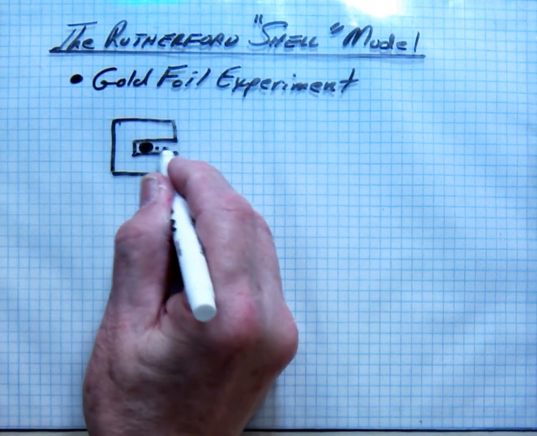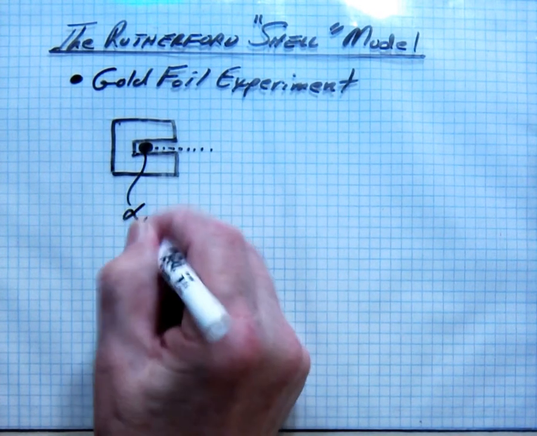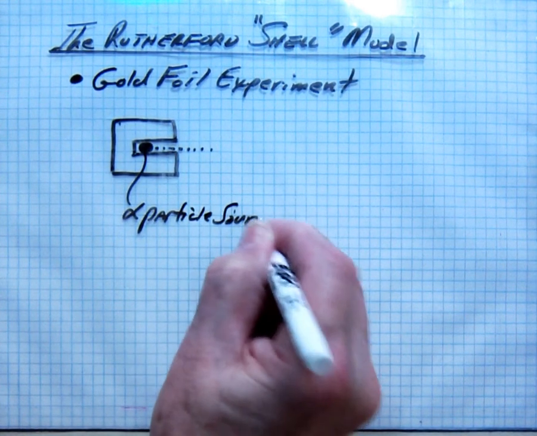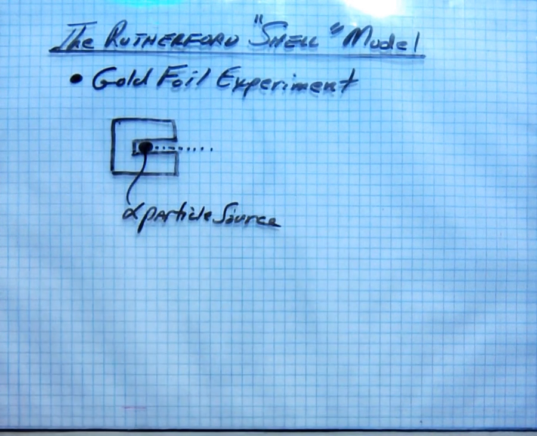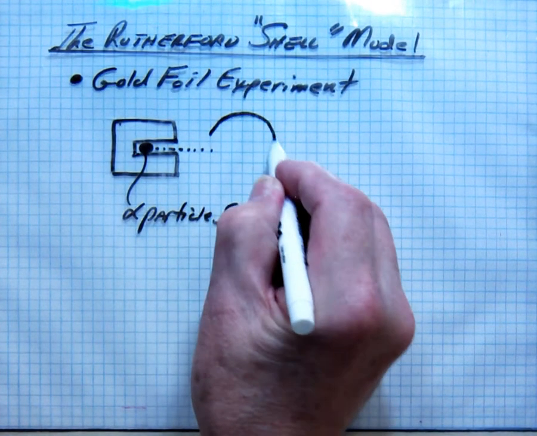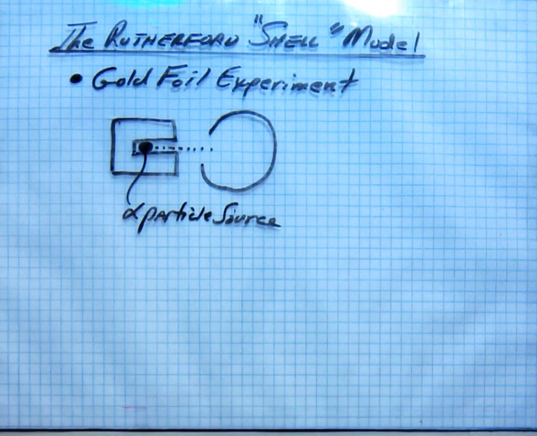So what we're going to do is shoot these alpha particles from the source, these little particles, at a gold foil that is suspended in a chamber lined with photosensitive coating.